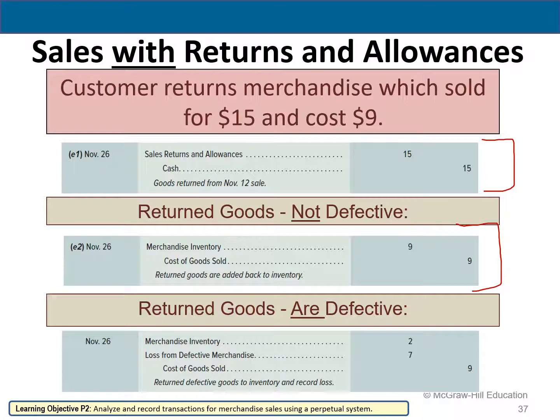But if the goods are defective, then we still do the same thing with our cost of goods sold, but we want to record the loss from defective merchandise. And so we're going to record a loss from defective merchandise of $7, and we're going to increase our merchandise inventory by $2.